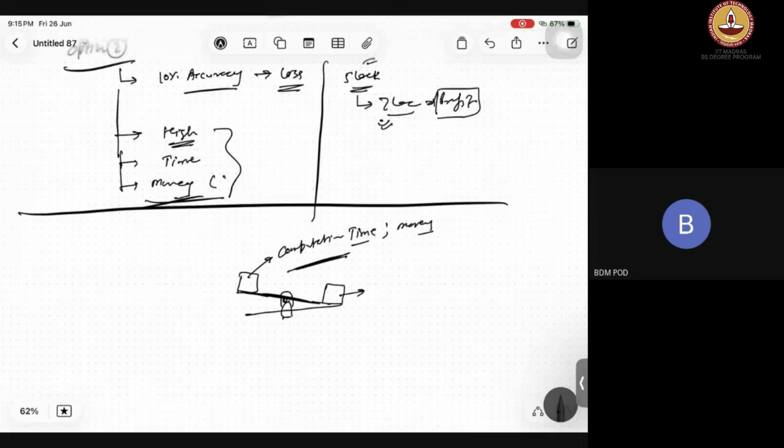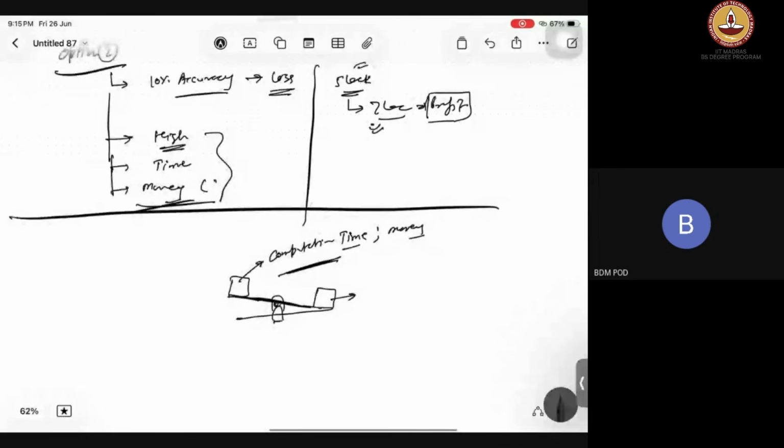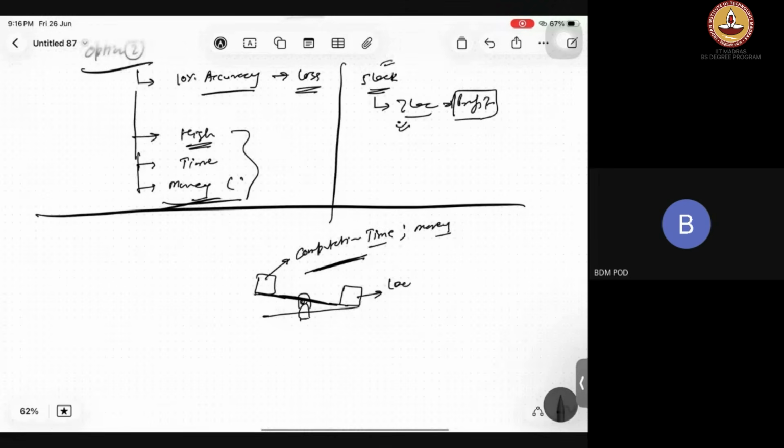This is the interpretation of this case study. Based on this, you need to think about which option to choose. The other value you are losing is the opportunity cost. If you give a loan to a defaulter because your system is not accurate, you lose lakhs of rupees.